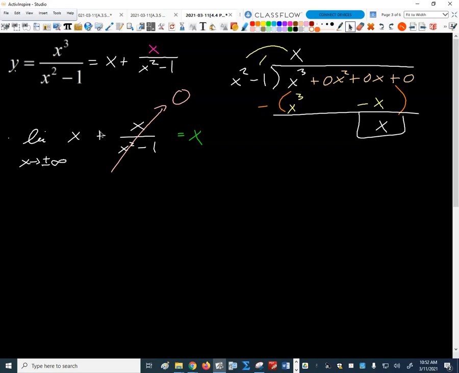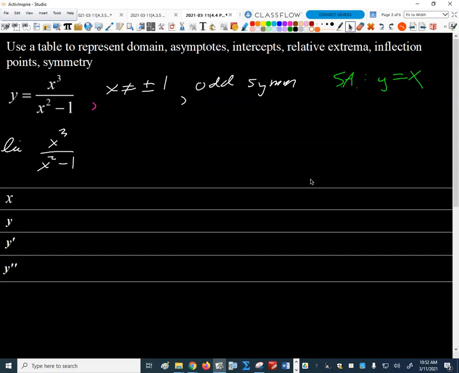Whatever those terms are, those represent the line that is creating our oblique asymptote. So in this case, we just get the line y equals x. Okay. So then going back to our page here, we got a slant asymptote at y equals x.